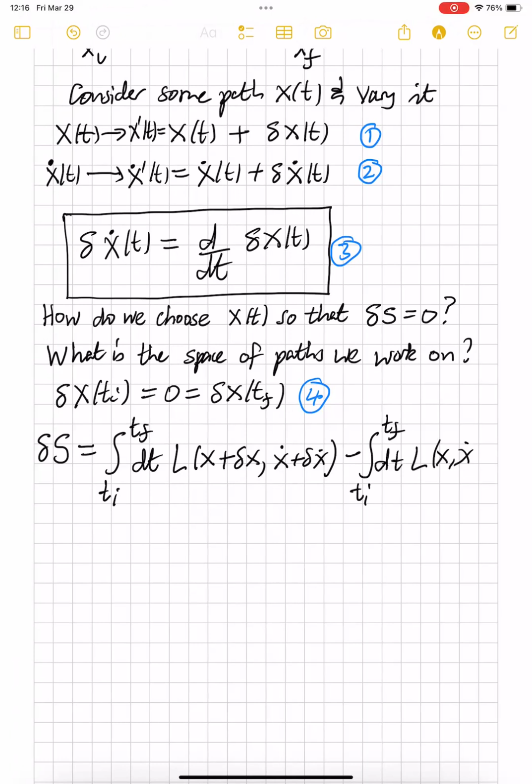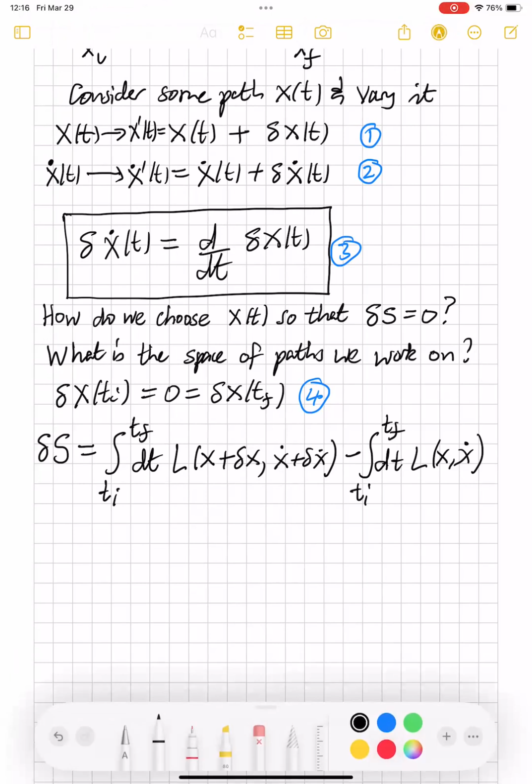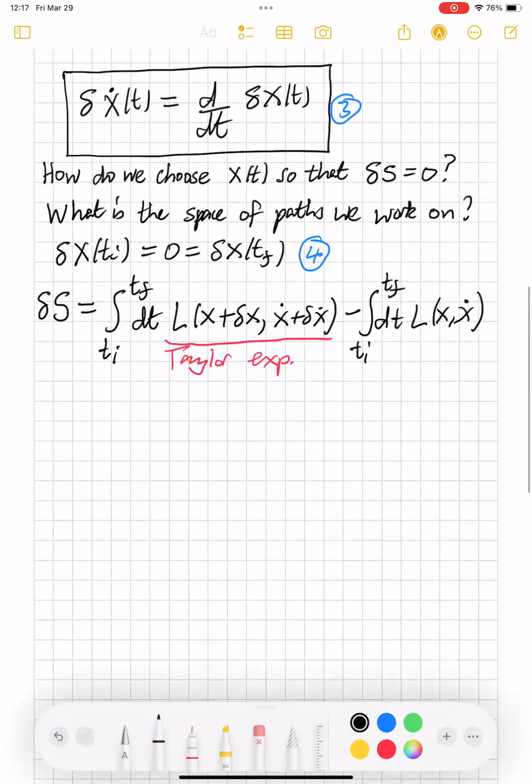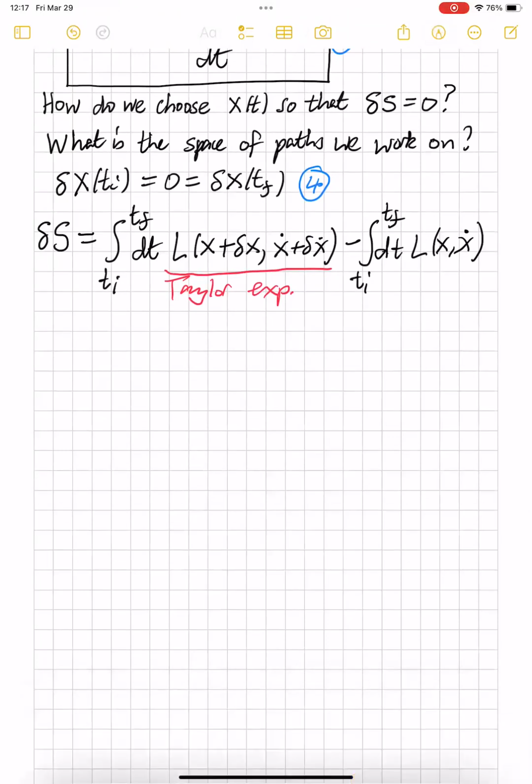Okay, very good. Now what I'm going to do is use the Taylor expansion to rewrite this term. I'm just going to use Taylor expansion on the term that I've underlined in red. So what do I get? Well, this is an integral dt from the initial time to the final time. So the first term is just L of x and x dot.